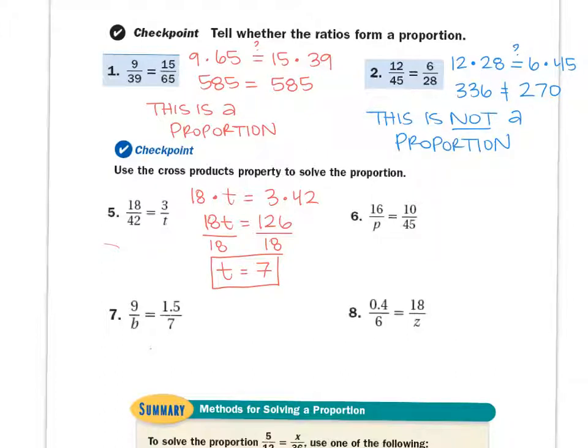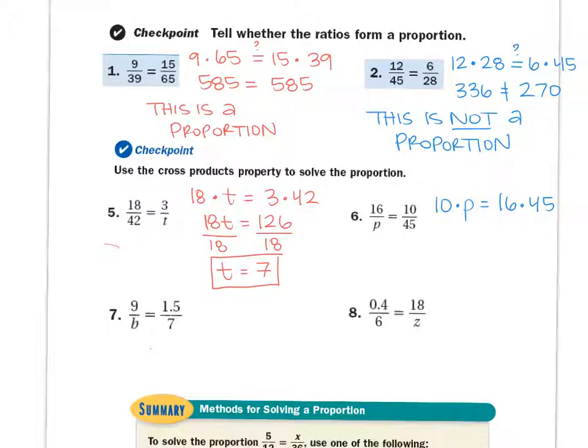Let's go on to number 6. Again, in order for these two ratios to form a proportion or to be equal, the cross products have to be equal. Therefore, I know that 10 times p has to equal 16 times 45.